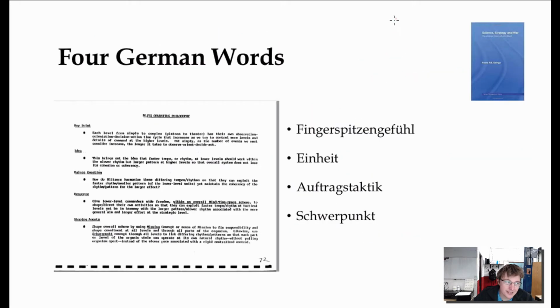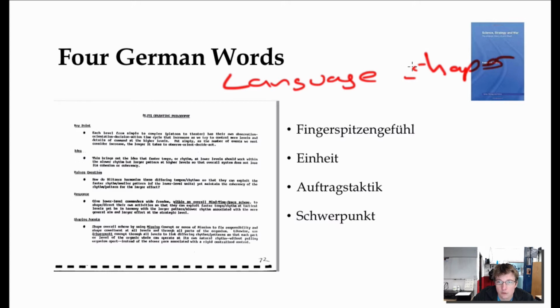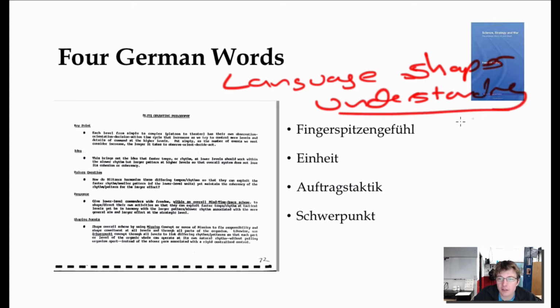So if we spend time on Boyd's concepts and the 4 German words with this notion that our language shapes our understanding, by getting outside of the comfort zone of the language that we use, we challenge ourselves to look at these concepts in a new way, by forcing myself to try and understand what these words really mean, not in a translation sense, but in an intuitive, implicit way.